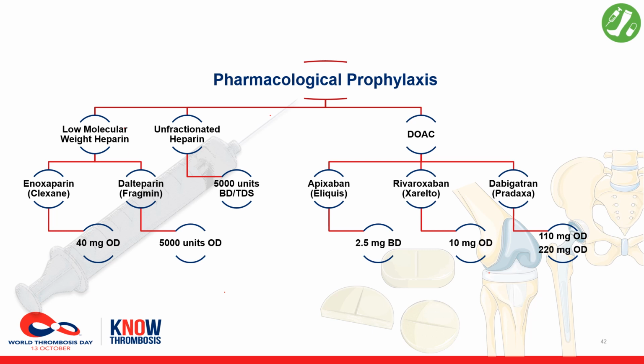As I said, at the moment they're only indicated for specific orthopedic operations, as is aspirin, which went out of favour in regards to VTE prophylaxis for a long time. But a lot of the newer guidelines are accepting aspirin for specific low-risk orthopedic operations, and the dose of aspirin is generally 100 milligrams once a day.